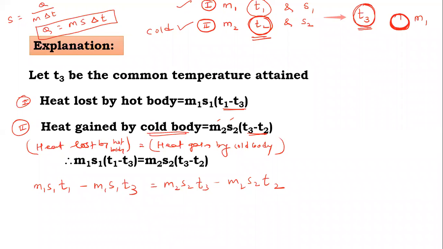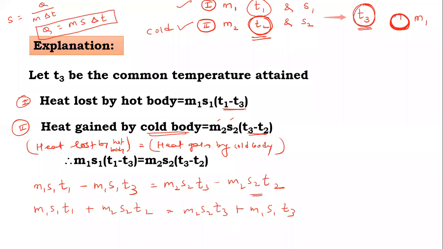Now by solving this, we have to write a formula for T3. I can transfer M1 S1 T1 to this side, so plus M2 S2 T2, and transfer the T3 terms to one side: M2 S2 T3 plus M1 S1 T3.